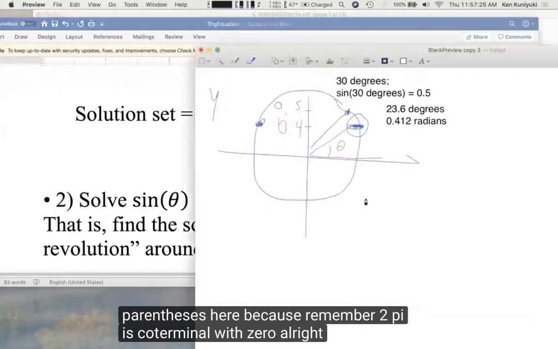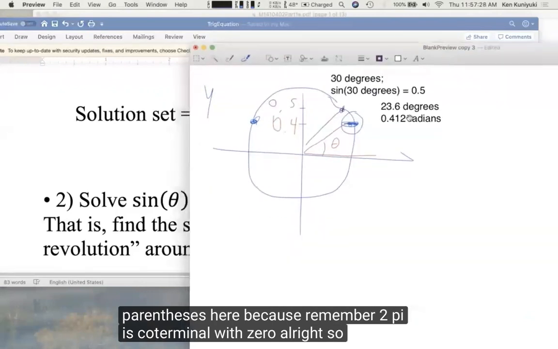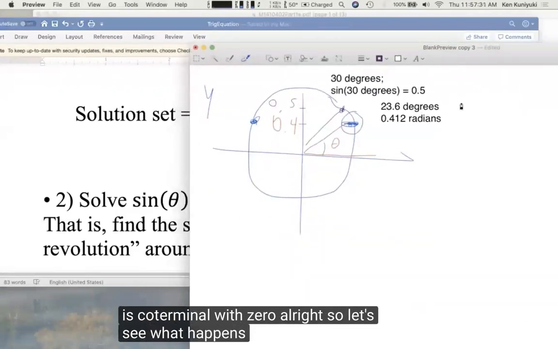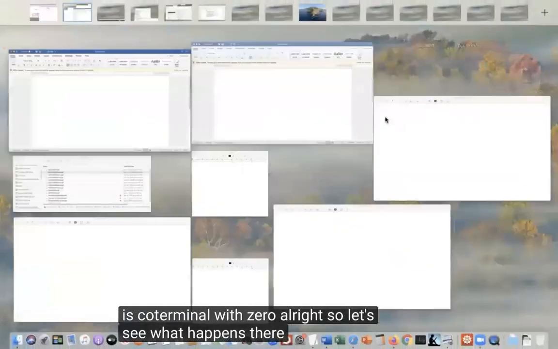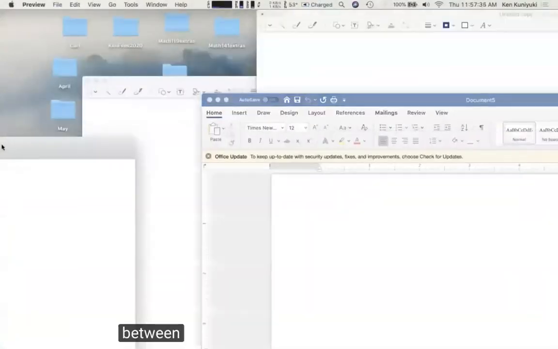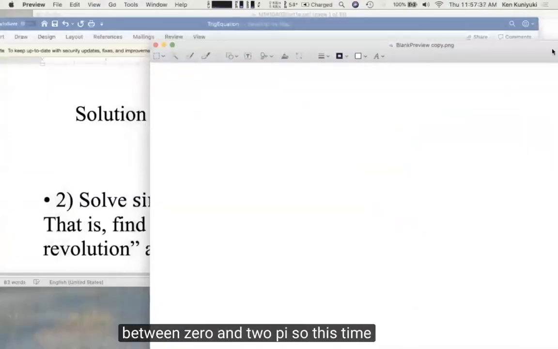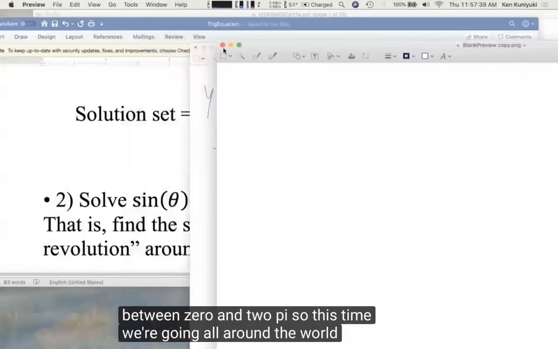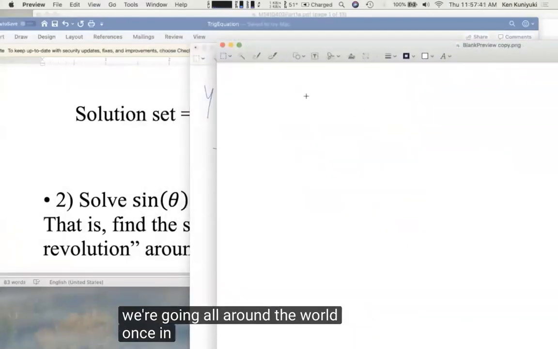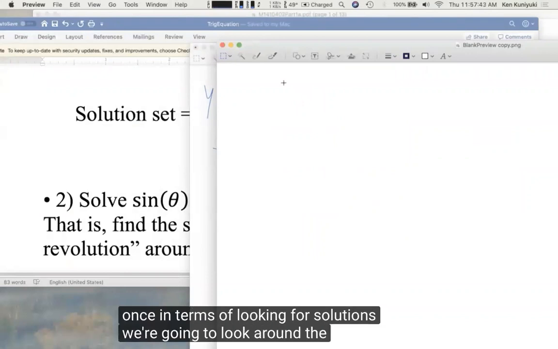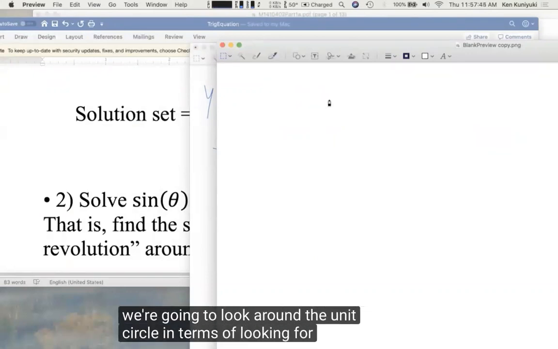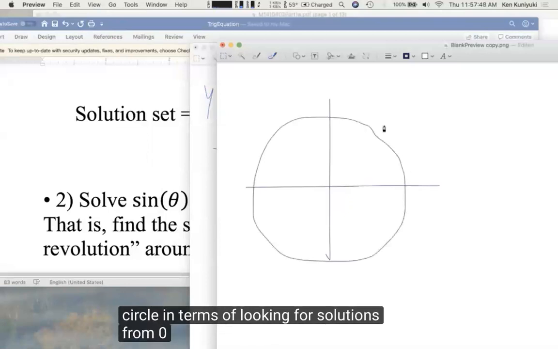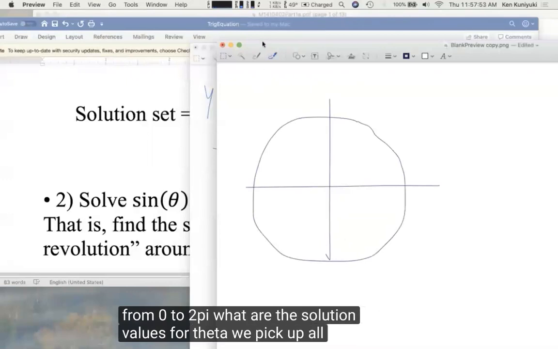So let's see what happens there. Between 0 and 2 pi, this time we're going all around the world once. In terms of looking for solutions, we're going to look around the unit circle from 0 to 2 pi. What are the solution values for theta we pick up?